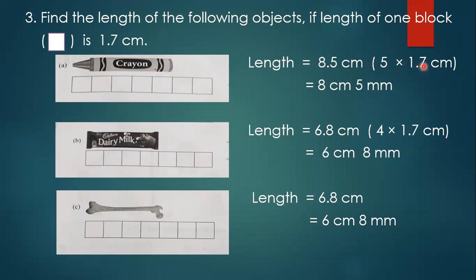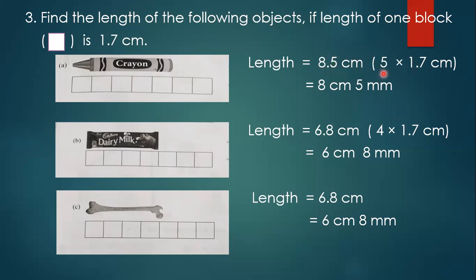For multiplication of decimals, we will multiply the numbers without considering the decimal point. So 1.7 into 5 we can multiply as 17 into 5. 17 fives are 85. Now, one decimal place is there, so we leave one digit and put the decimal point. So the length of the crayon will be 8.5 centimeter.